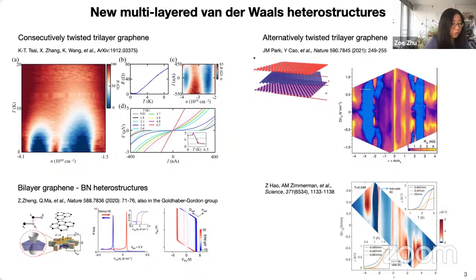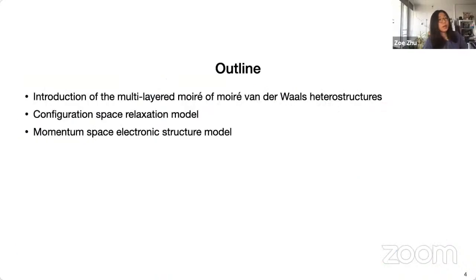And also yesterday you heard from Professor Gordon's group, who also observed these hysteretic behaviors in twisted bilayer graphene hBN system. So in both types of systems, there are moire of moire superlattices due to a twist angle and a lattice mismatch.